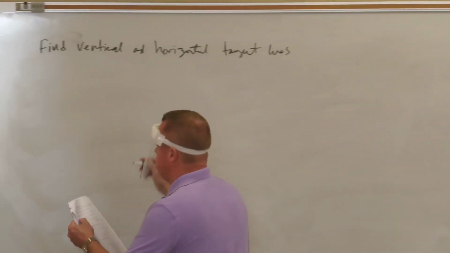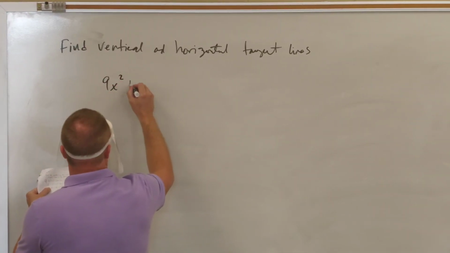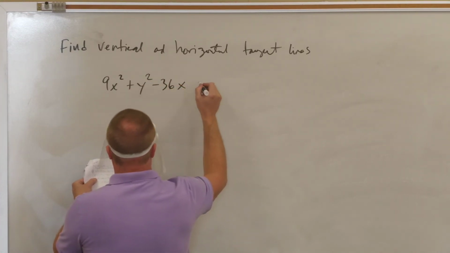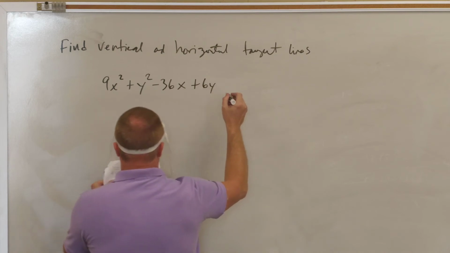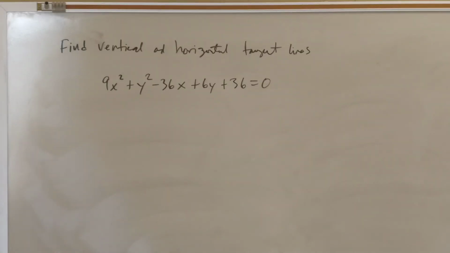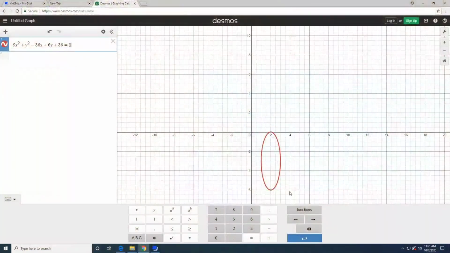All right, so here's the equation that they gave us. And this is an ellipse. All right, let's graph it real quick over here. All right, there we go. So that is our ellipse.